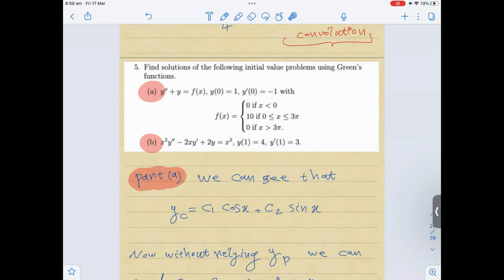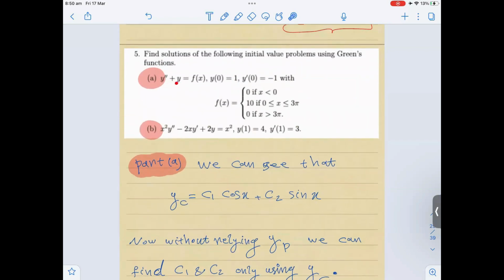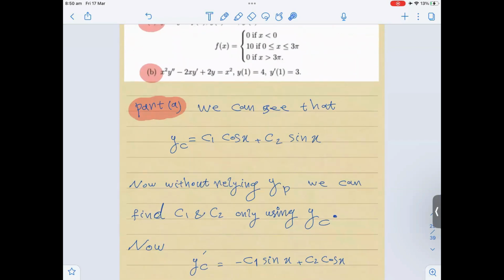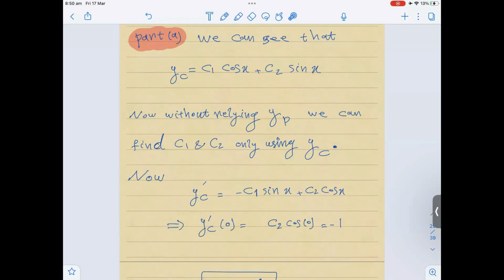Now you see that yc is easy. y double dash plus y equals 0. yc is easy, cos x, sin x, and its Wronskian will be 1. With practice, without cancellation, I can tell you that the Wronskian is 1.